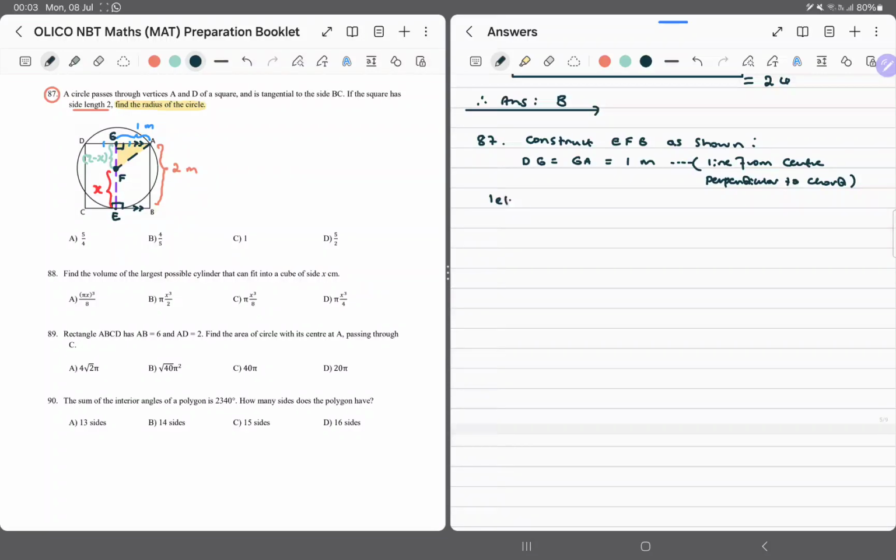And then we can simply say let radius of circle equal x, because that's all we need. And then we can perhaps say here, before we make this statement, join FA.